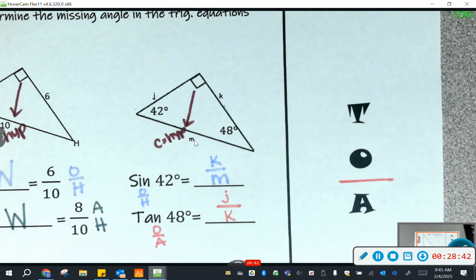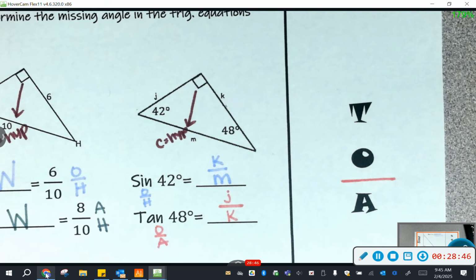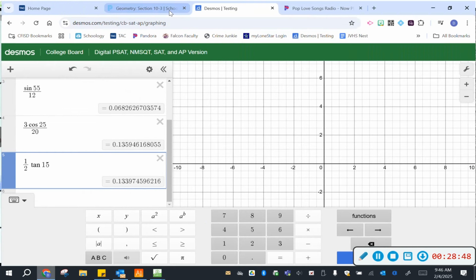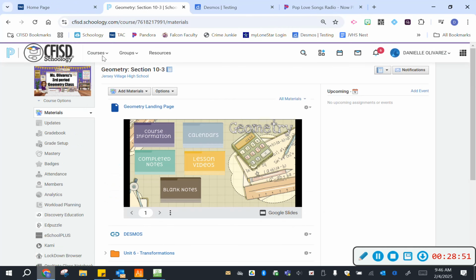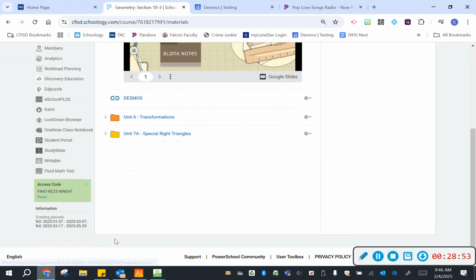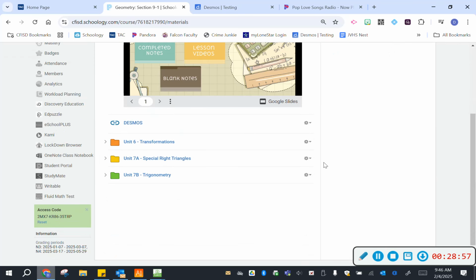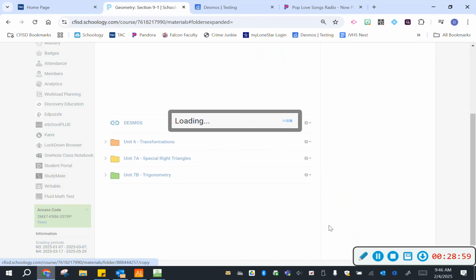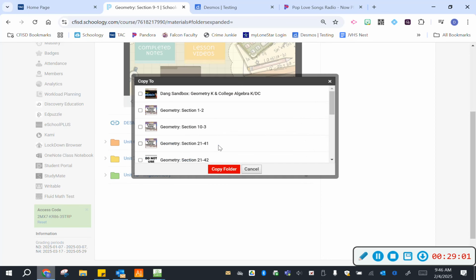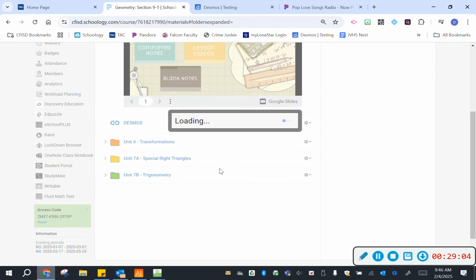Okay, I'm going to give you instructions. I need everybody to pause. First things first. After you glue in, you are going to go to Schoology, and I'm going to put a Schoology assignment in there right now. Let me give you the instructions. The green folder is where you're going to find your Schoology assignment.